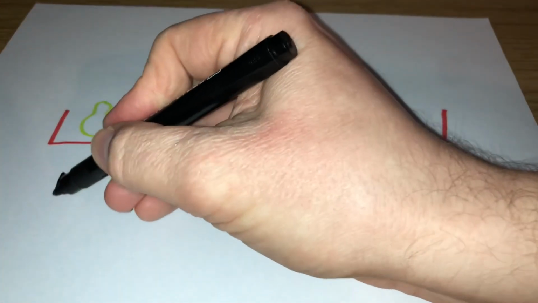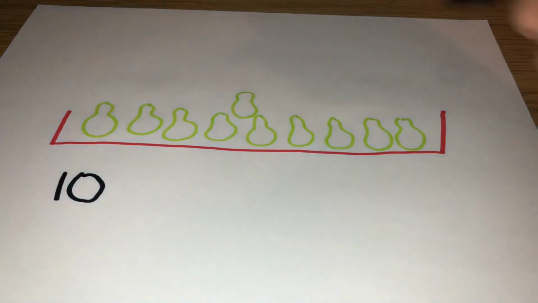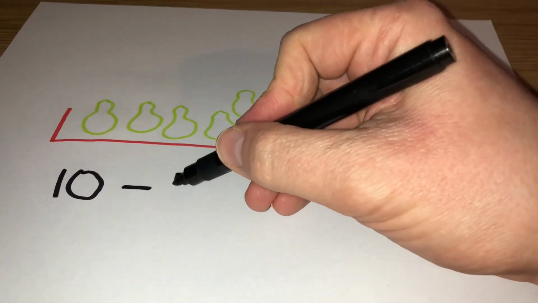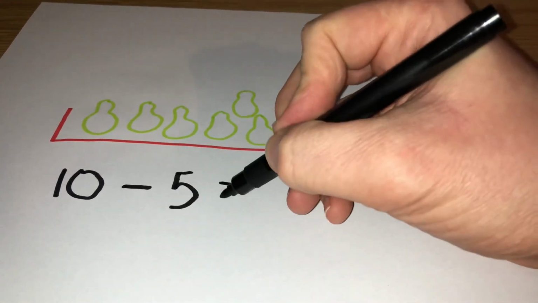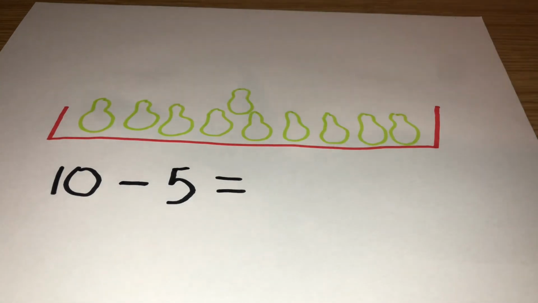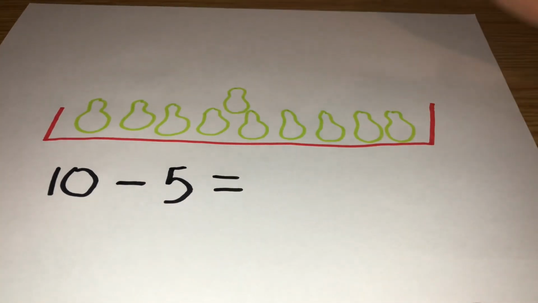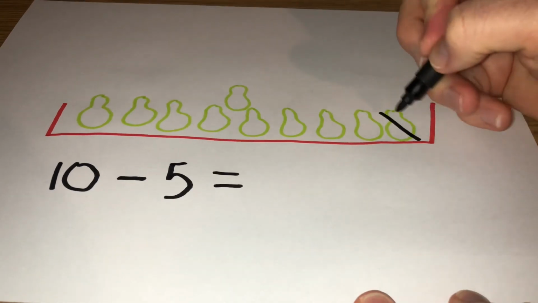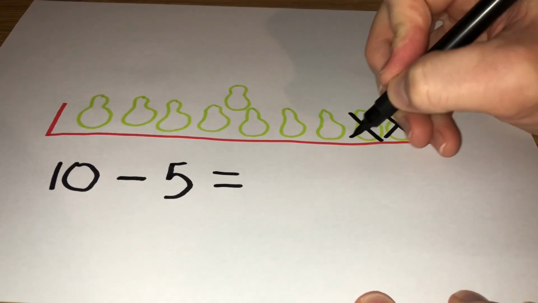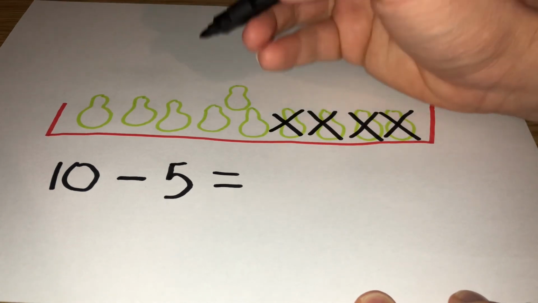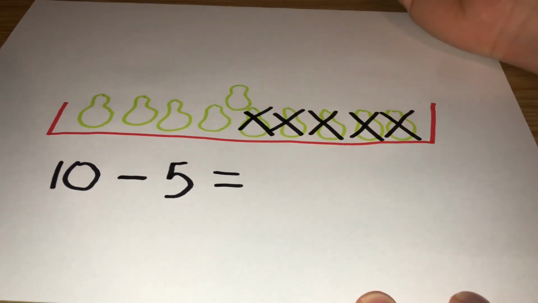So we've got 10. How many puffins came and took some away? Oh, 5, weren't there? So I'm going to take away 5 pears. So I can't do that, can I? I can't go, oh, let's eat that one. So I'm going to have to cross off 5 so I know how many I've got left. So I'm going to go 1, 2, 3, 4, 5.